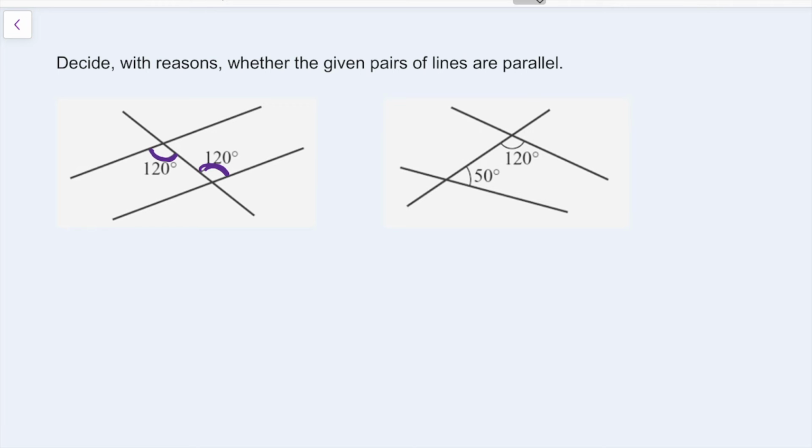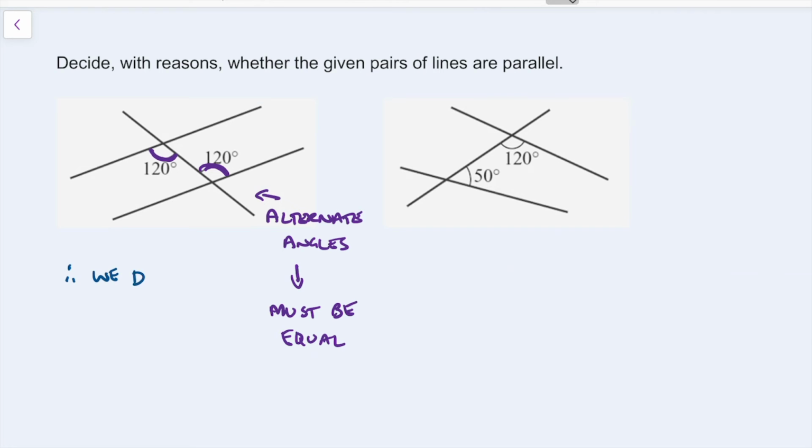These are alternate angles, so they must be equal. Therefore, we do have parallel lines.